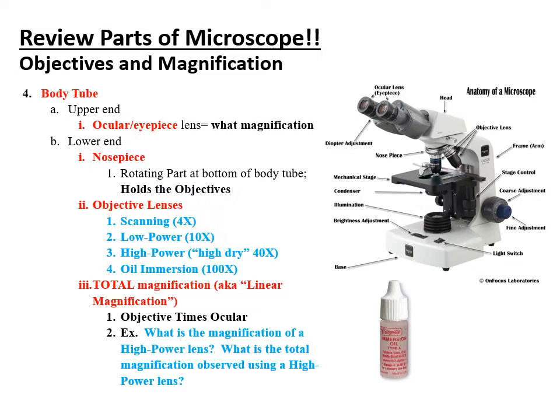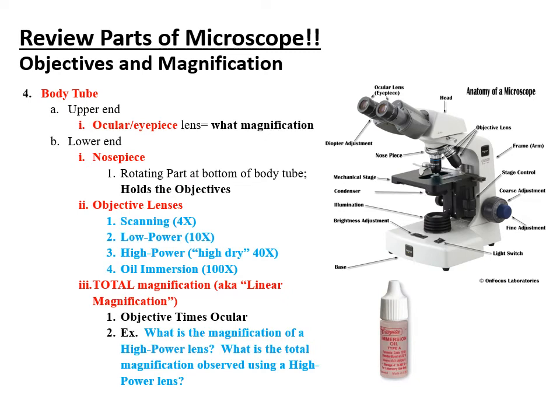A lot of the ones we use, the scanning objective is a 4x magnification, then the low power is a 10x, and the high power or high dry is a 40x. The reason why it's called high dry is that it gives you a high amount of magnification, but you do not use any oil in order to see the image for that one. The highest magnification of the microscope, however, the 100x, that one you do use oil. Okay, so that's the difference between 40 and 100.